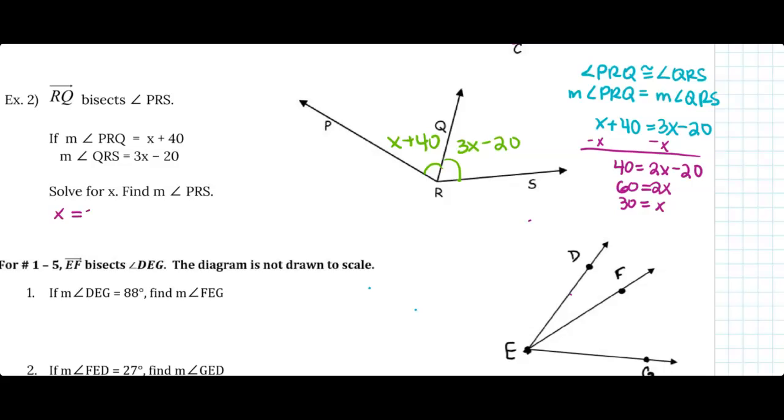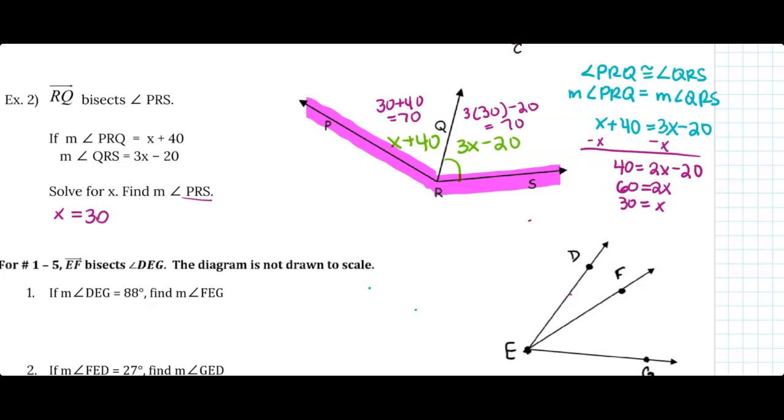Since x is equal to 30, in order to find PRS, which remember is the entire angle, we plug in x equals 30. We have 30 plus 40, which is 70. And then we have 3 times 30 minus 20, which is 90 minus 20, which is 70.